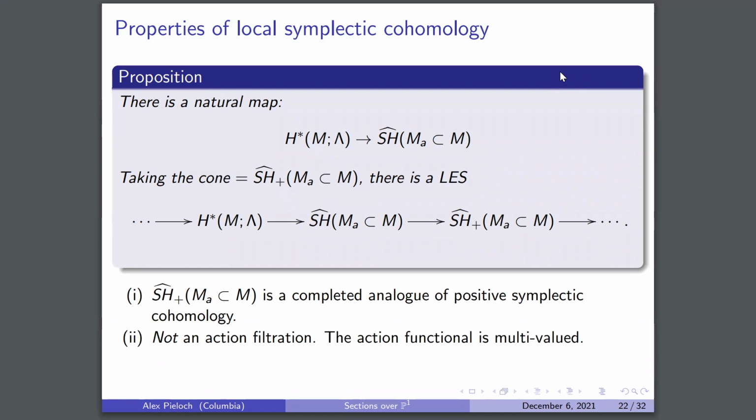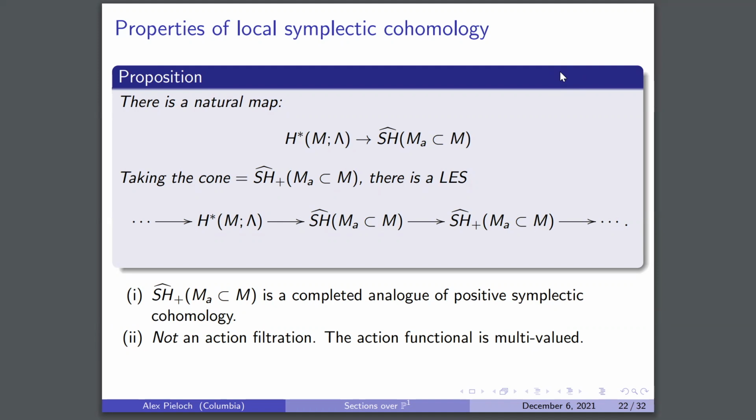One thing where this does not align with what happens with Liouville domains is that this is not an action filtration. When you construct this long exact sequence for Liouville domains, you say that the critical points of your C2-small Morse function have very small action, and the action of all other orbits is very, very negative, or very, very positive, depending on how you like to set up your conventions.